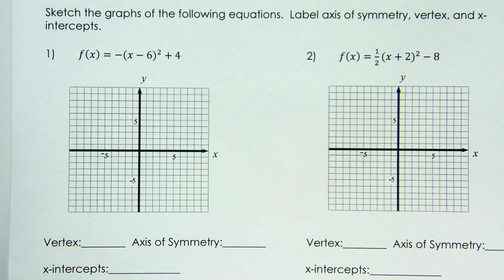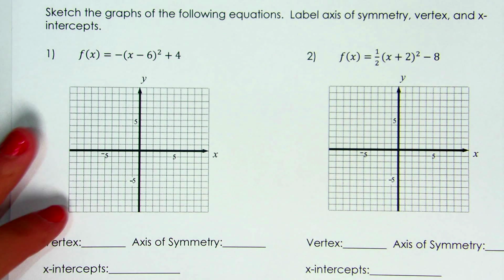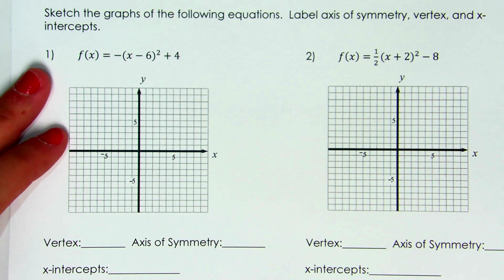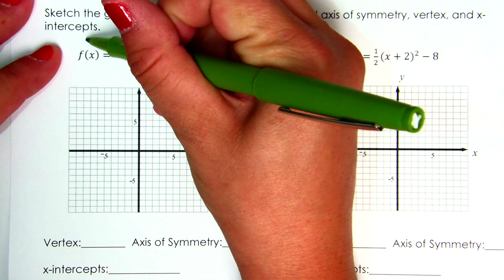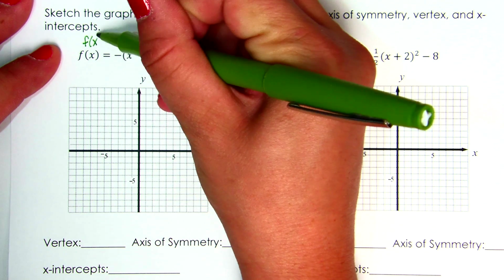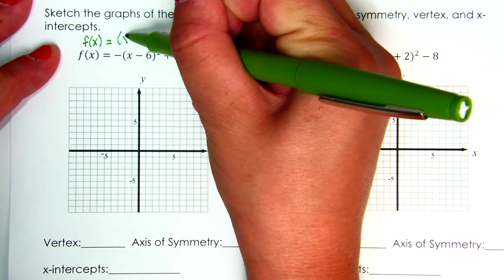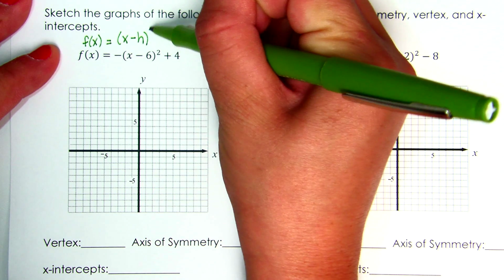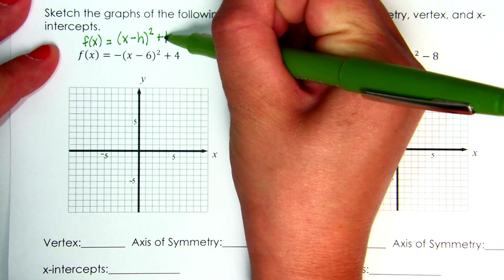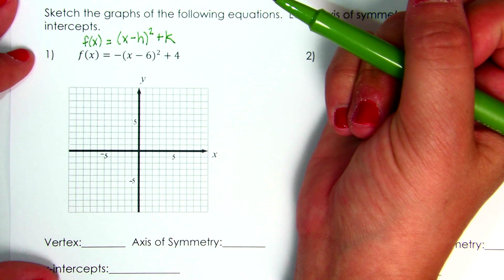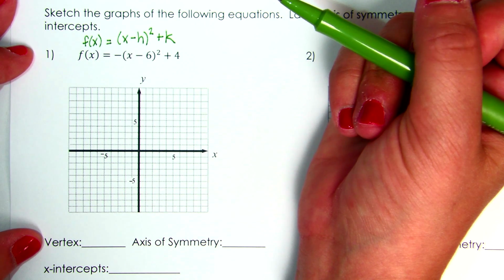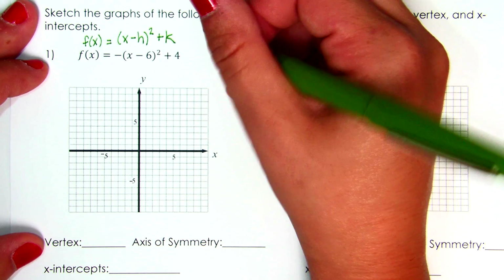We are doing homework about vertex form, and so a couple of the things that we have to remember about graphing in vertex form is the form of the equation. We have f of x equals (x minus h) squared plus k. Now, when we are graphing, we need vertex and axis of symmetry, which we can take directly from the equation.